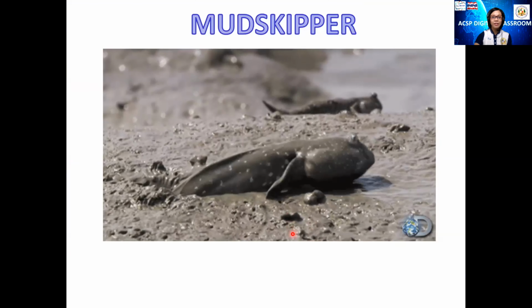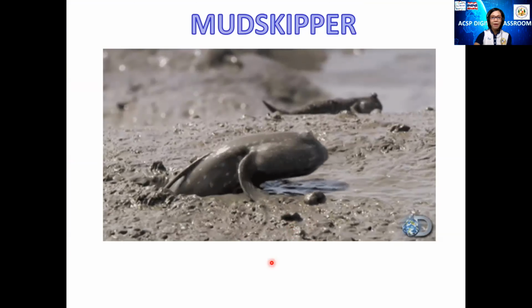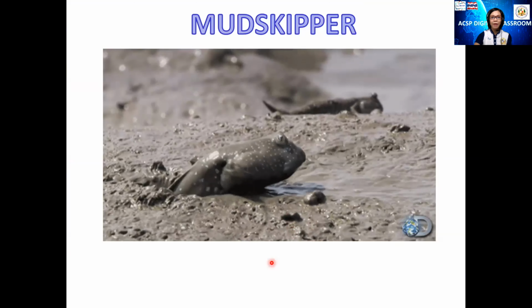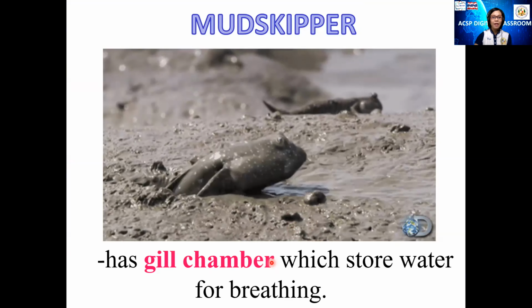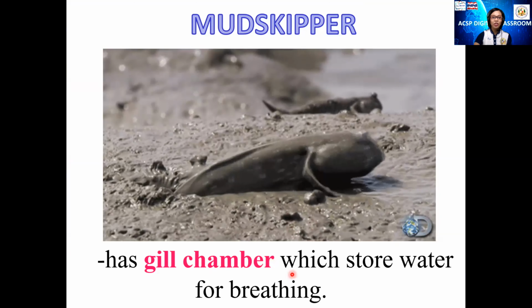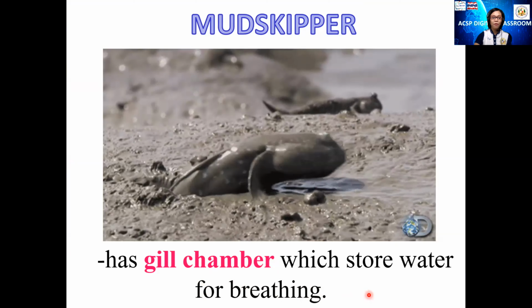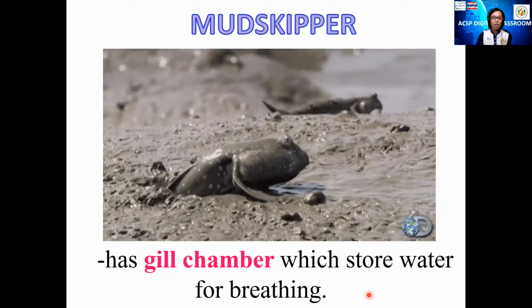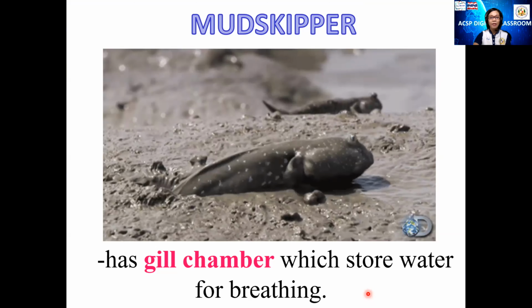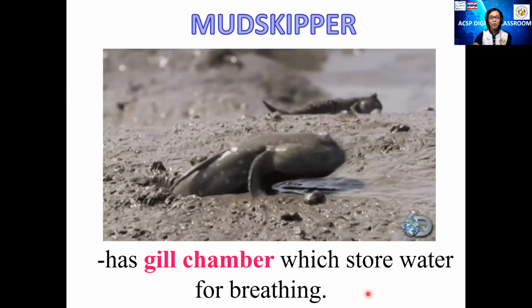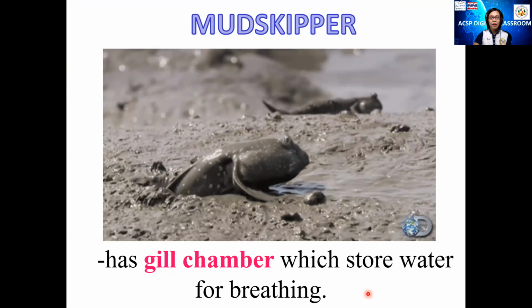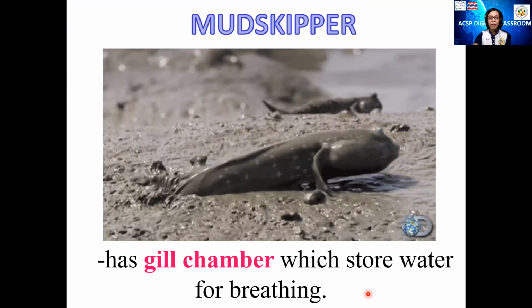This is a mudskipper. Why can a mudskipper stay on land, but this is a fish? Because they have a gill chamber. This gill chamber stores water for breathing. That is the adaptation of the mudskipper. The gill chamber is the space where they store water when the mudskipper is on the land.